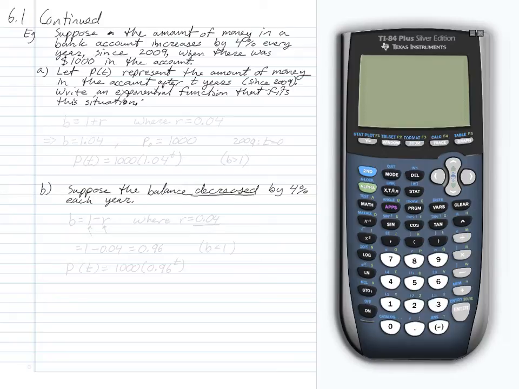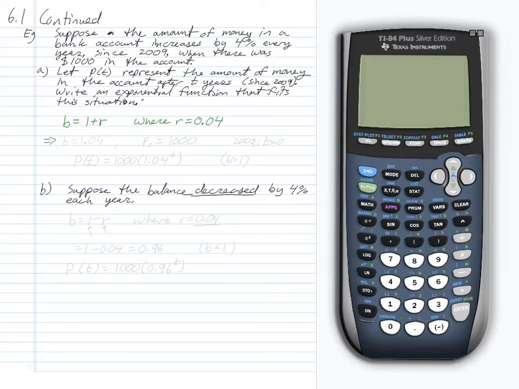So referring to that definition, if we think about how much money is going to be in the account after a year, in 2010, we're going to have 1,000 and 4% on top of that. So the growth factor, b, is going to be 1 plus our growth rate, r, where r is 4%. In other words, 0.04. So we always need to convert from percent into usable numbers, decimals.